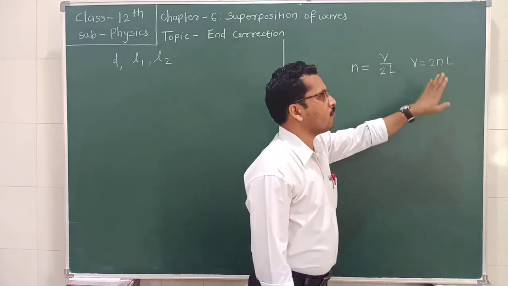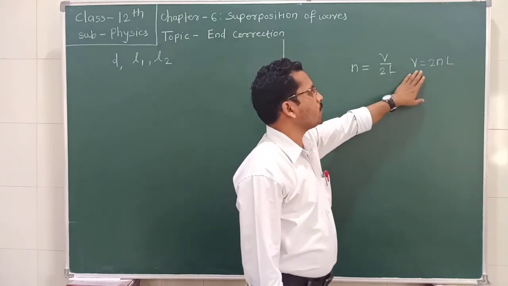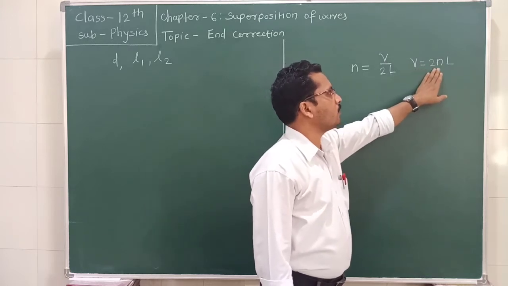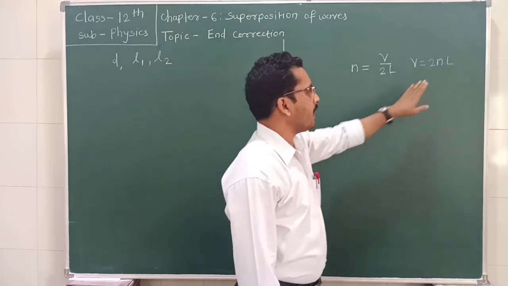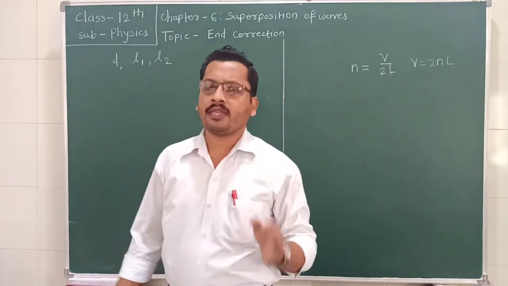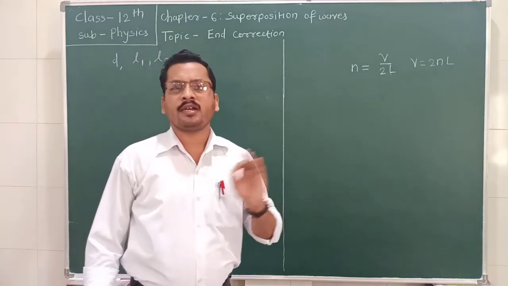And what is this L? This L is the effective length. Effective length means the length of the air column plus the end correction.